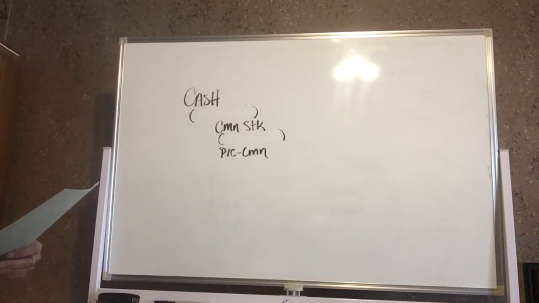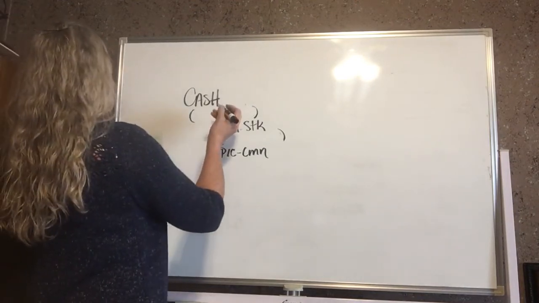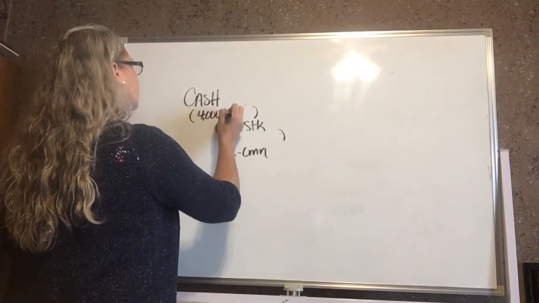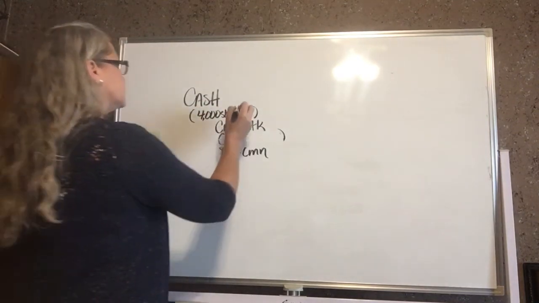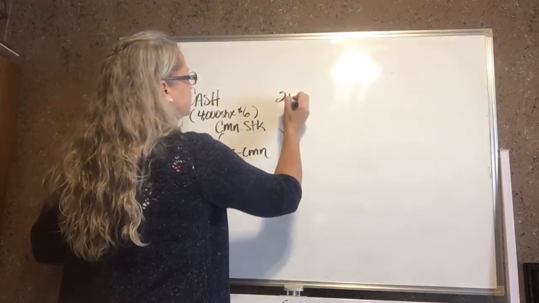We're issuing these shares of stock for cash. We want to know how many. We've got 4,000 shares being issued, and it's being issued at $6 per share for $24,000 in cash.